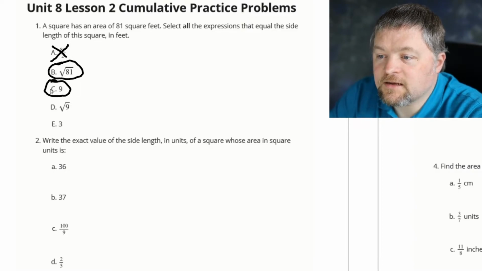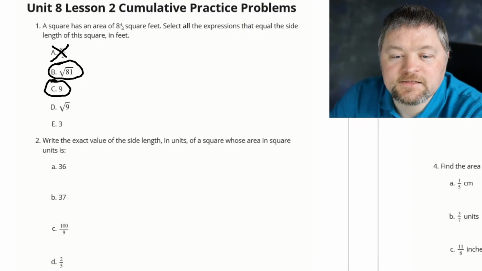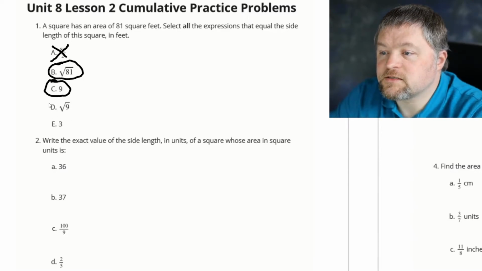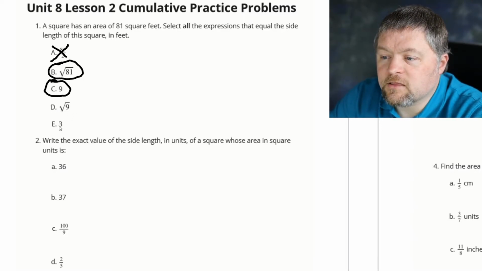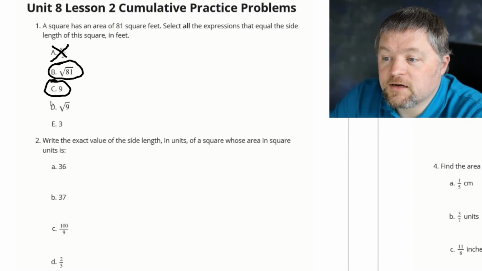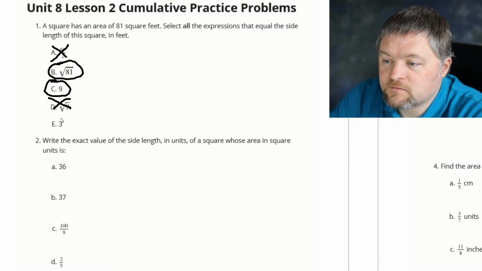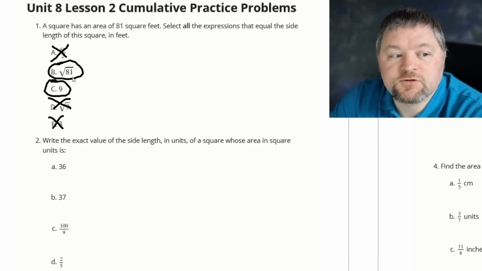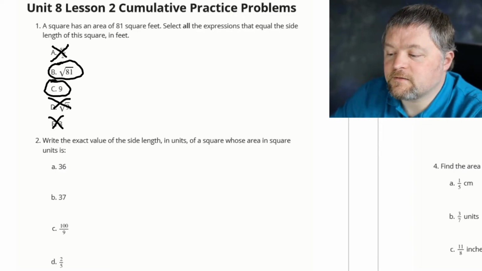It's 9. 9 times 9 is 81. The square root of 9 isn't going to work. And 3, which is the square root of 9, is not going to work. So the answer to this one is the square root of 81 or 9.